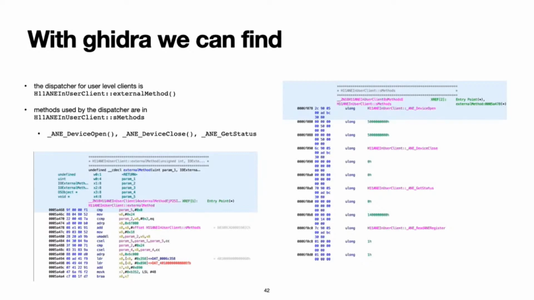And we can find that the table of methods used by the external method is quite big. There are _ANE_DeviceOpen, _ANE_DeviceClose, _ANE_GetStatus, etc.